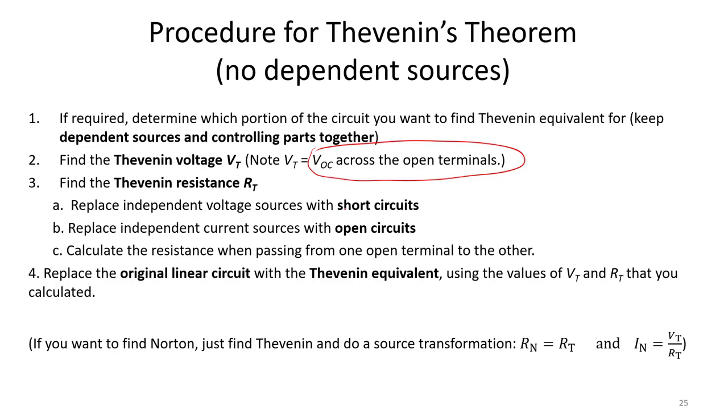All you need to do is turn off your voltage and current sources, and then find your resistance when walking from terminal A to terminal B. And once you have determined your Thevenin voltage and Thevenin resistance, then you can replace the original circuit with that Thevenin equivalent.